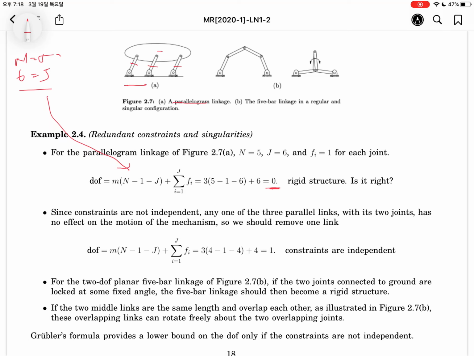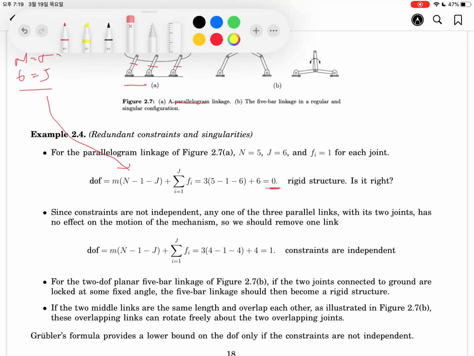I don't think so. This linkage can move, such as some rotational motion will be possible like this. Is it right? So there is some problem. What is the problem? Here, the constraint is not independent.